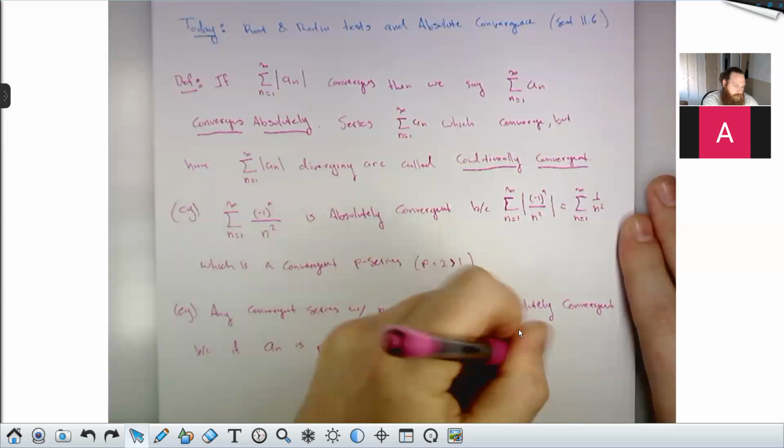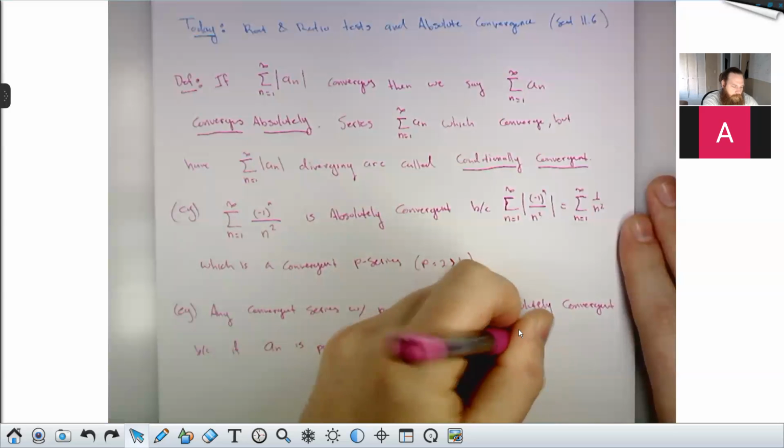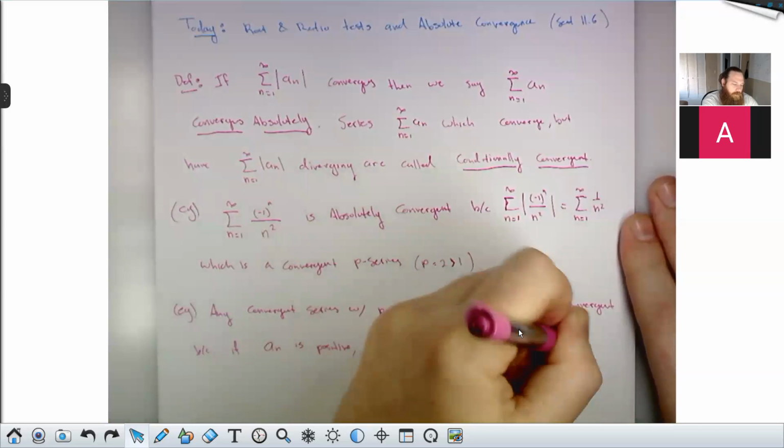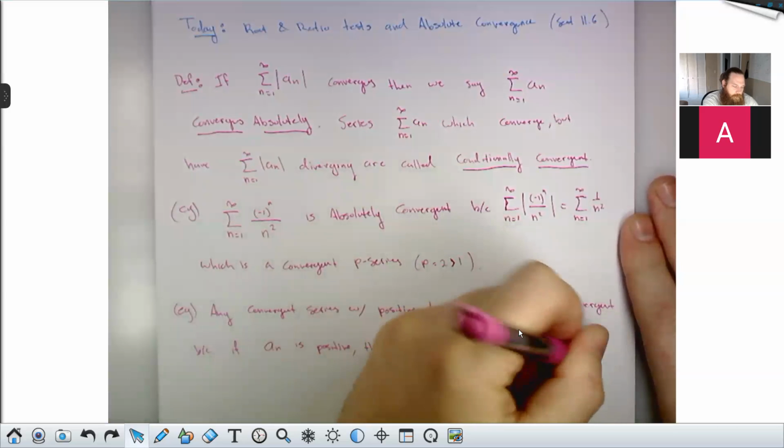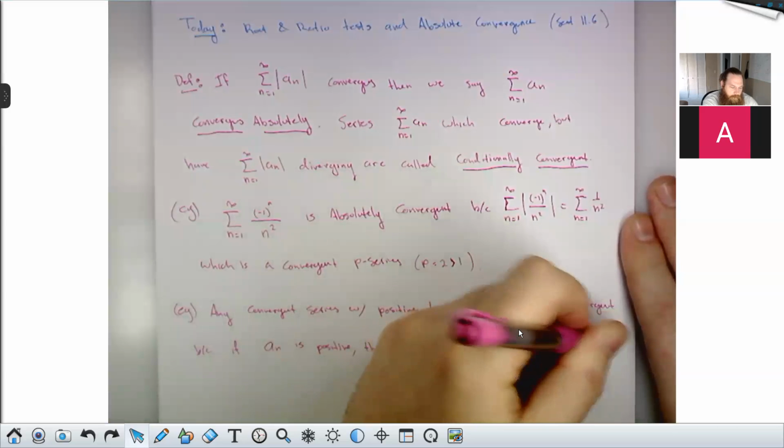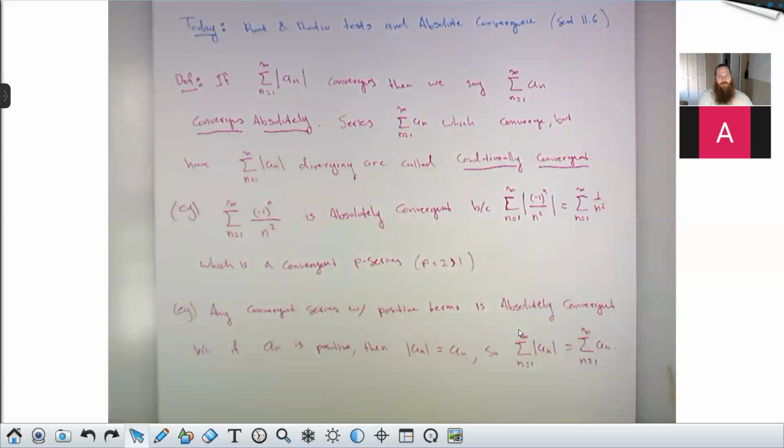So the absolute value series is the same as the original series. So if you have a convergent series in which all the terms are positive, that's automatically absolutely convergent.